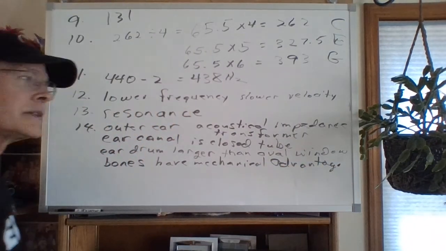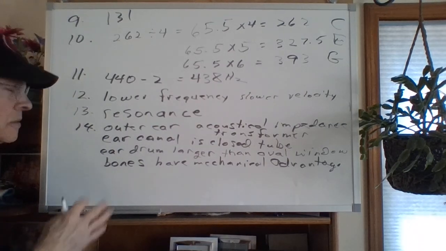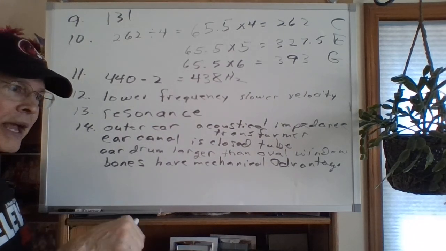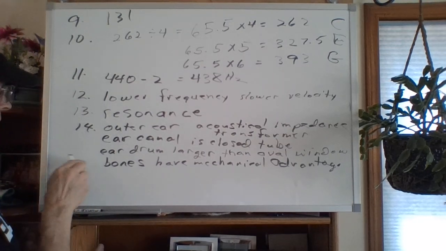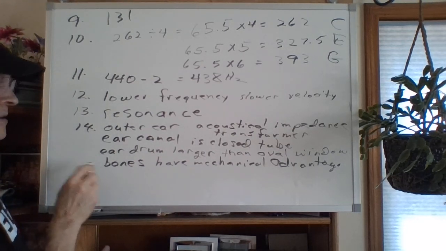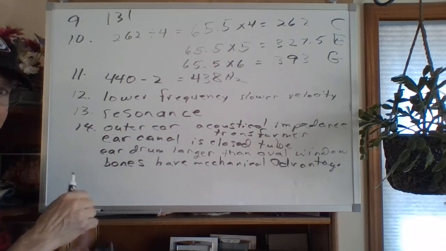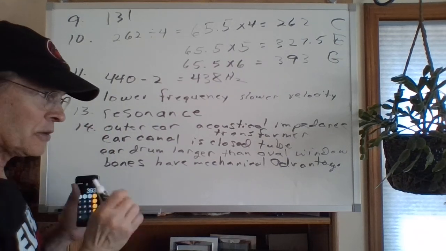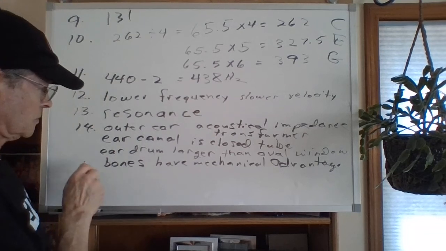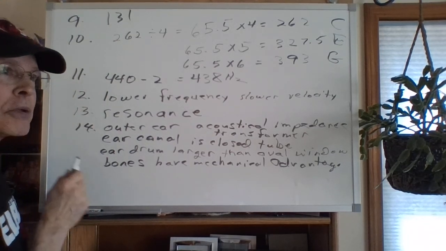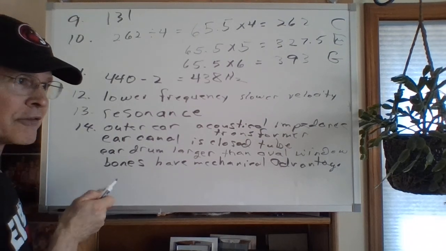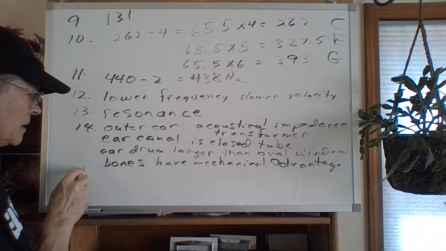It's actually a ratio of about 2 to 3, and that means it has more movement output than the input. It's amazing how God has designed the human ear to hear things so well. We can hear tiny, tiny amounts of energy, a millionth of a watt per square meter.